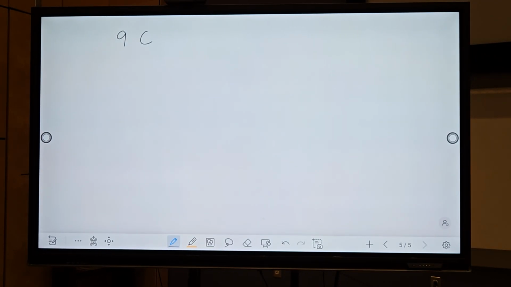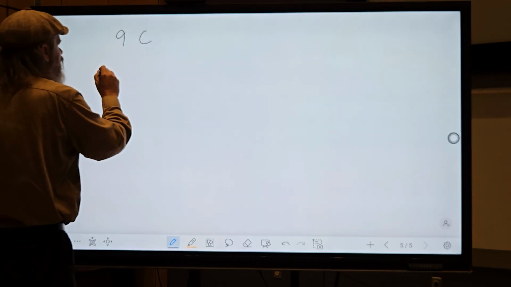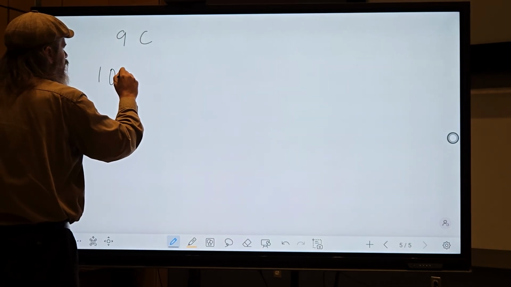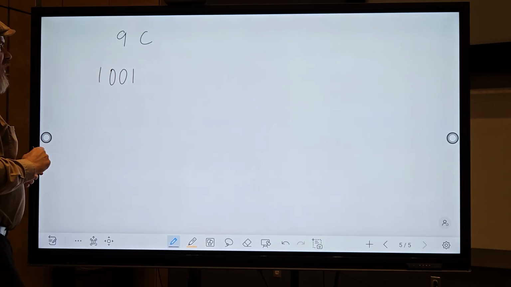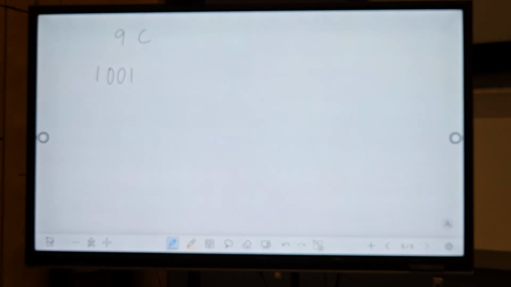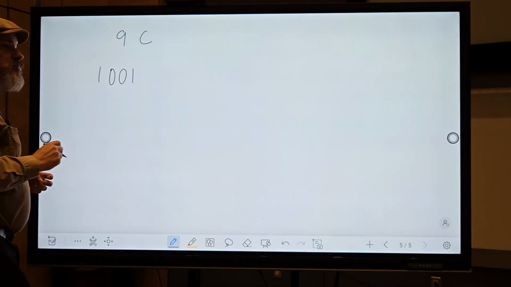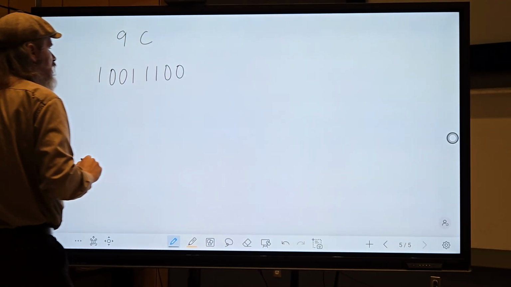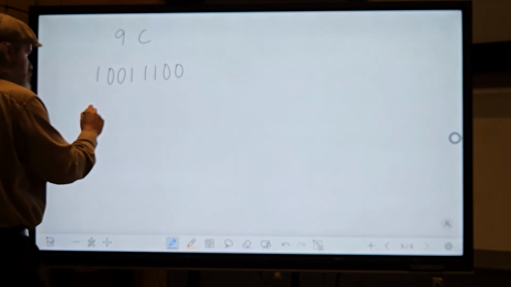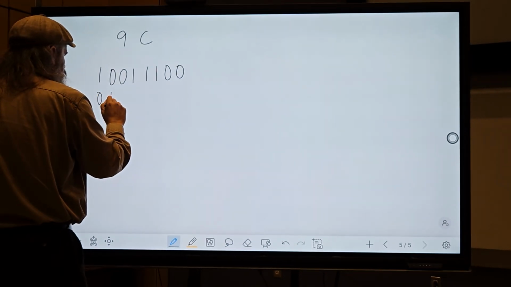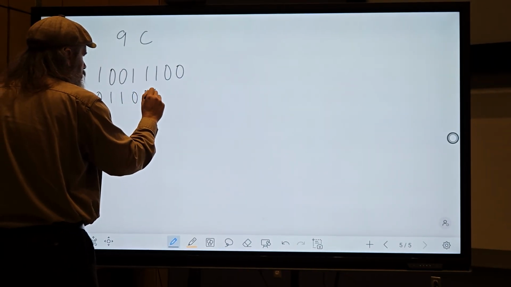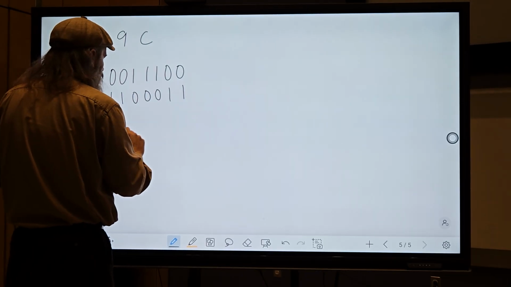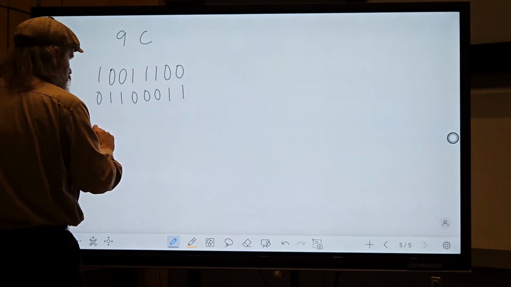Convert it to binary first. 1001. And C is 1100, right? Then you invert the bits. Then you add 1.